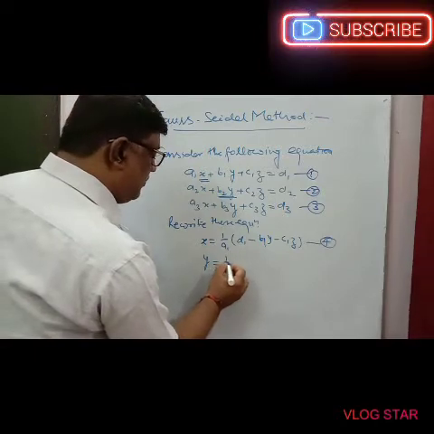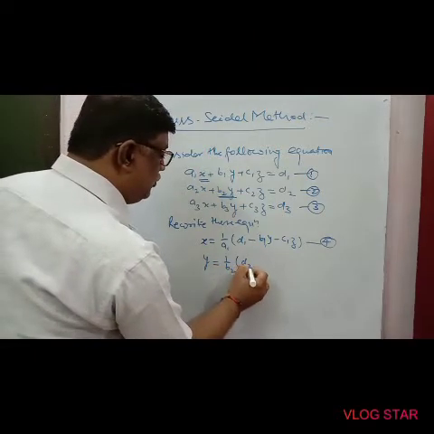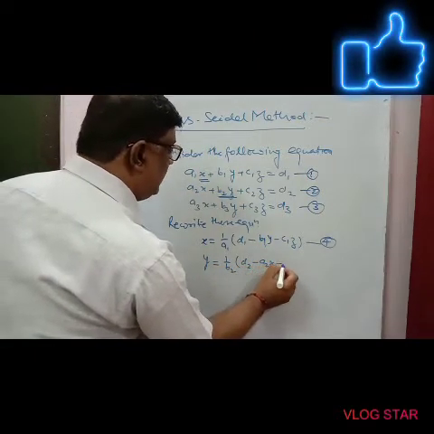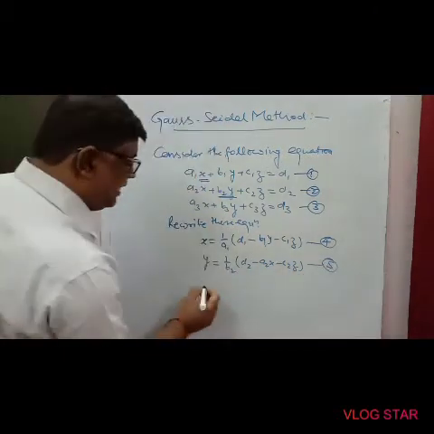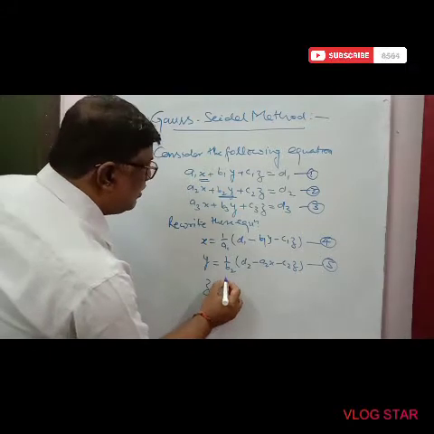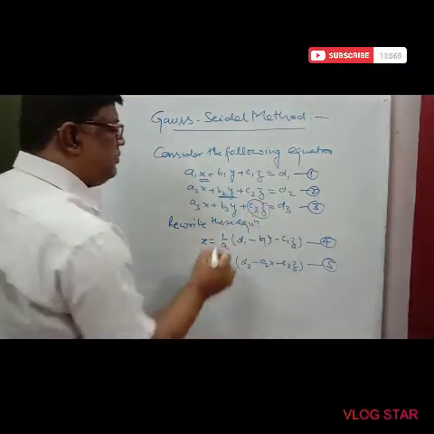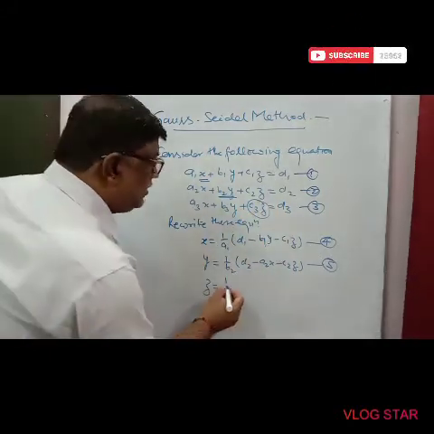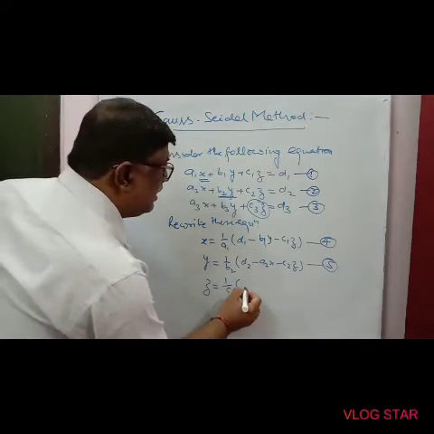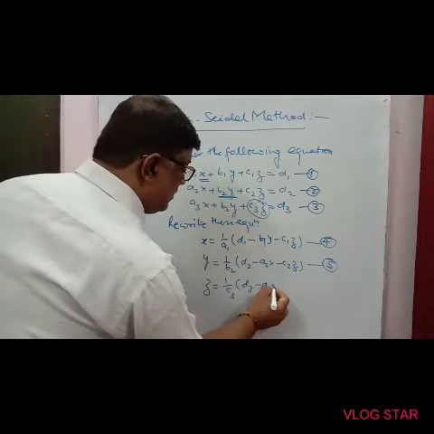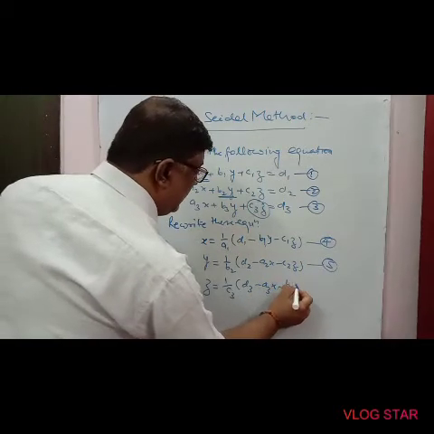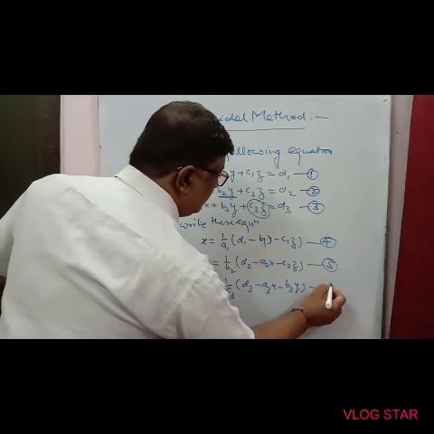Then write y equal to 1 upon b2 times d2 minus a2x minus c2z. This is equation 5. And again, you have to find z from the third equation. z equal to 1 upon c3 times d3 minus a3x minus b3y. This is equation 6.